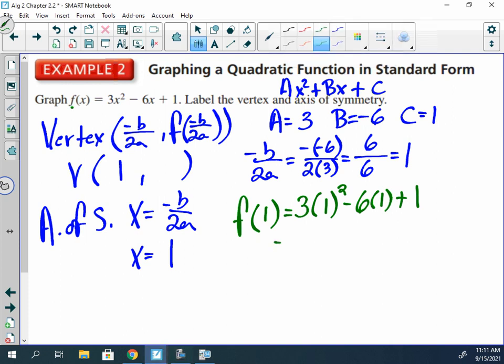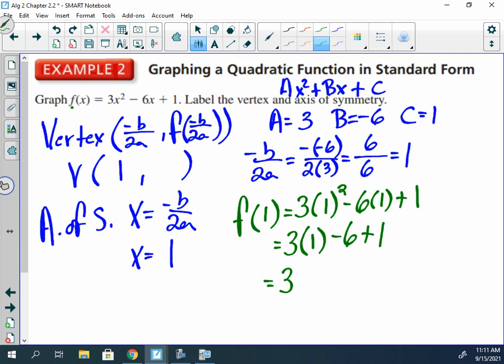Let's look at this here. So we just need to simplify this for 1. Well, are there any variables in that part of the equation? Well, no. It's just 3 times 1 squared minus 6 times 1 plus 1, yes? We can type this into the calculator, or I can do it by hand. 1 squared is 1. 6 times 1 is 6 plus 1. 3 times 1 is 3.